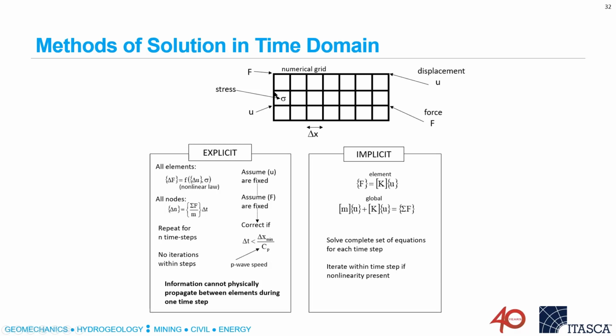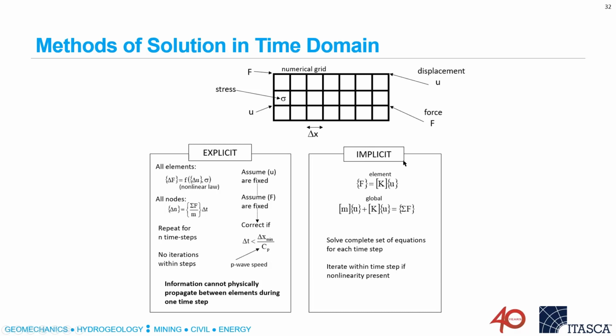So the nodes typically have information about displacements and maybe velocity. The spaces have information about stresses and material parameters. And then it's a question of how you solve this sort of mesh to get an answer.